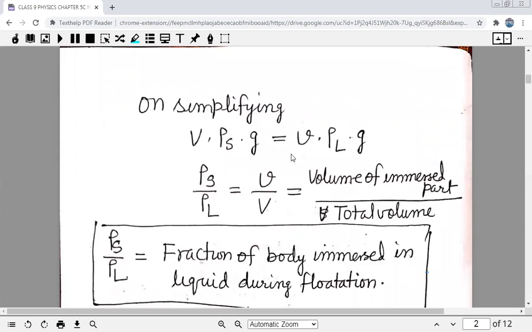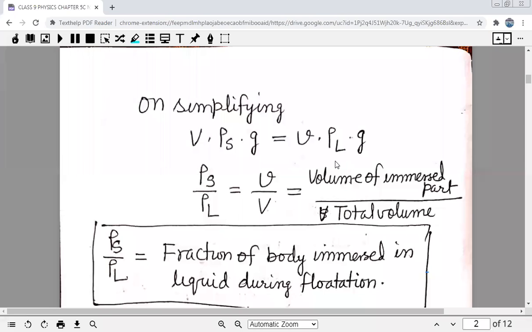So rho S upon rho L equals small v upon capital V. What is small v? It is the volume of the immersed part. Capital V is the total volume.